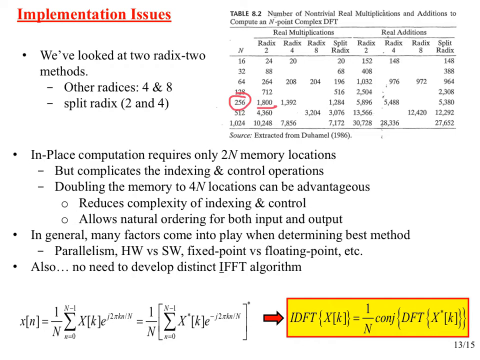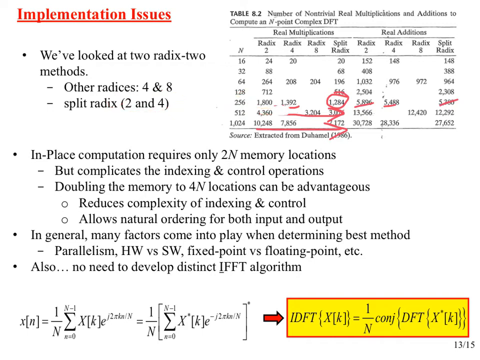If we do Radix-4, we can get down to 1,392, and if we do a split radix with 2 and 4, we can get down even lower, and you can see that the additions actually follow that as well. Pretty much across the board for all these different values of n, as we go this way, we're getting smaller. And so that's what drove the development of these kinds of algorithms.